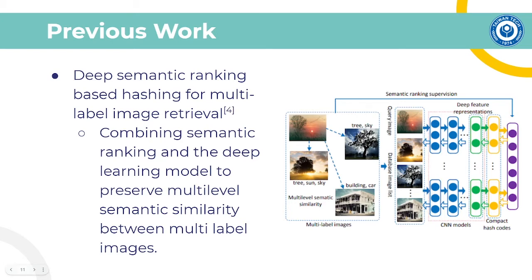They also utilize the label information as supervision rather than visual or semantic similarity. So the model doesn't have a visual or semantic similarity representation, and this would reduce the effectiveness of the learned binary hash codes that are supposed to preserve the similarity cues in the image.